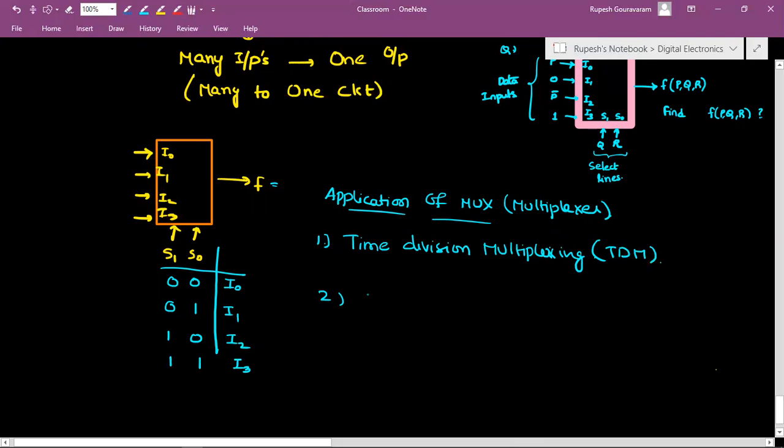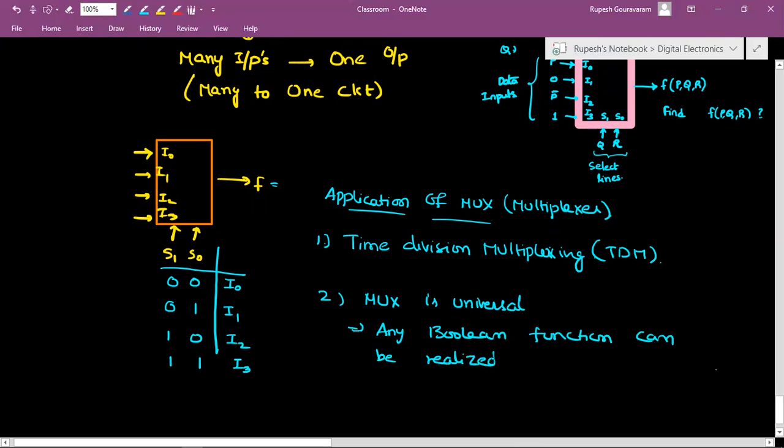And the second application is that the multiplexer can be used as a universal gate. That means any Boolean function can be realized using a multiplexer. And the third application is field programmable gate arrays, known as FPGA.